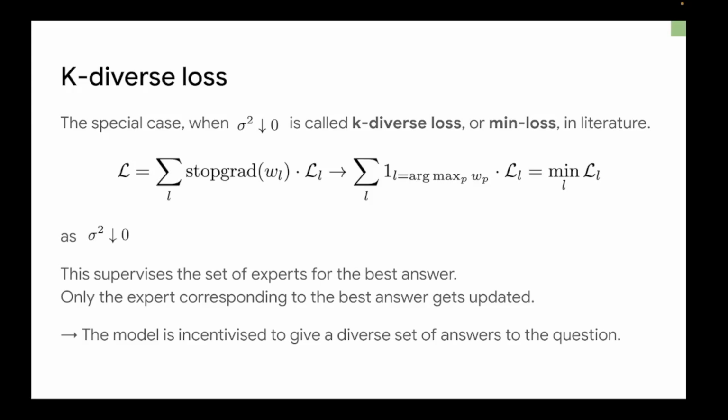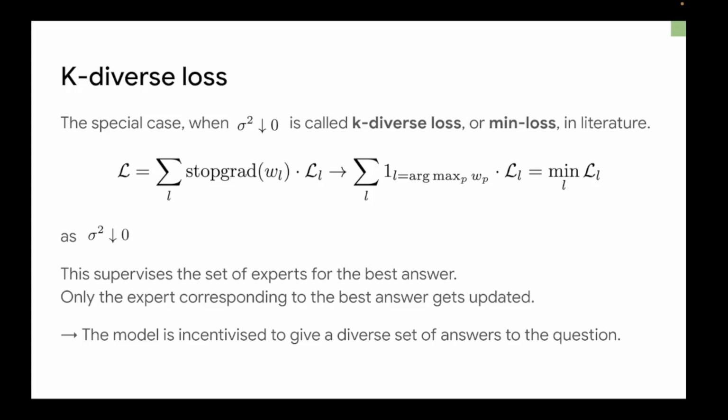So here, the special case when sigma is approaching 0 is called a k-diverse loss, where you are extremely promoting diversity rather than correctness, actually. You do not care whether every expert is correct or not. You just care if at least one of them is right.